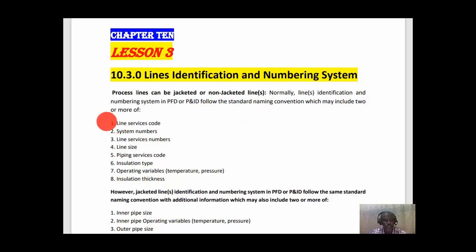more of line service code, system numbers, line service number, line size, piping service code, installation type, operating variables such as temperature, pressure, flow rate, then installation thickness.